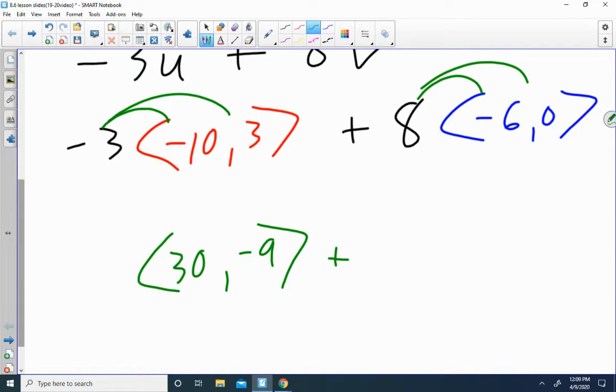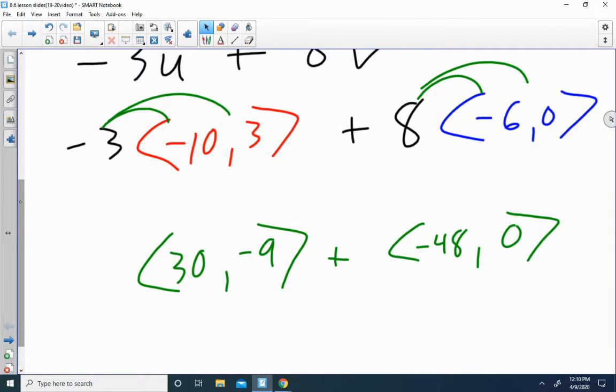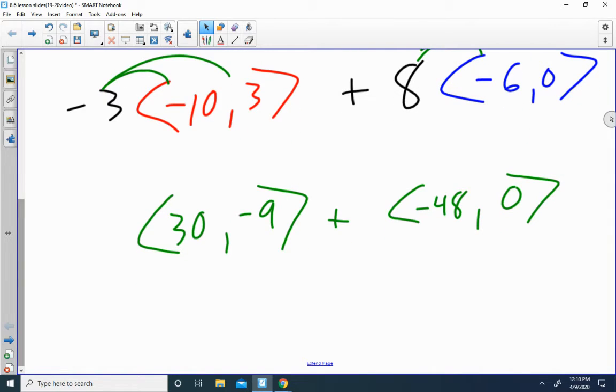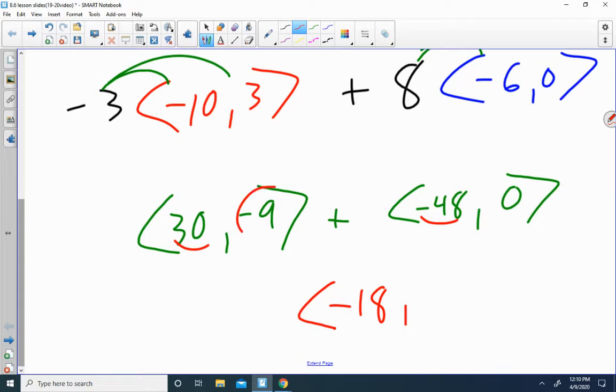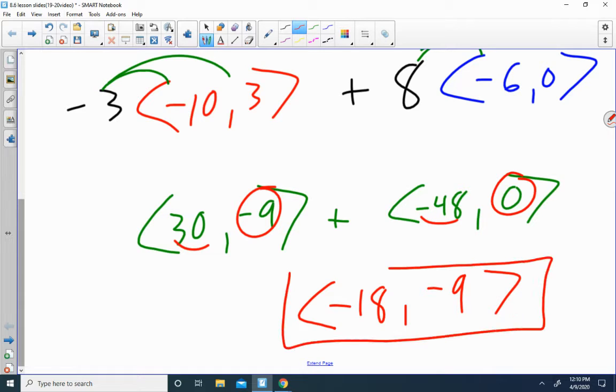Distribute that to vector v, and that'll give you negative 48 comma 8 times 0 being 0. And then once you've done all that, you can just add the two vectors together. The way you add them is you add the first numbers together to get negative 24, and then you add the second numbers together to get negative 9. And that is how you take care of that.